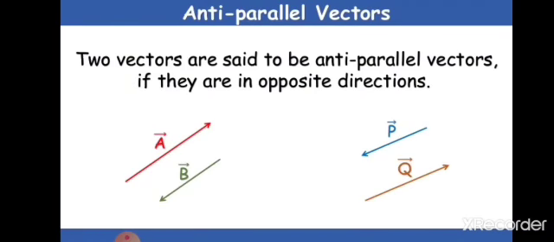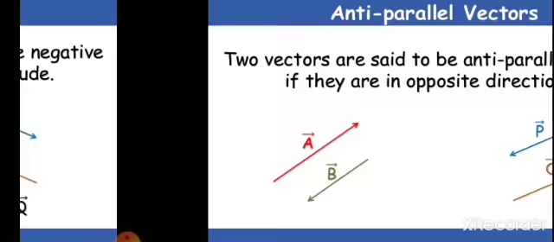Another example, vector P and vector Q are also parallel to each other but in opposite directions. So we have equal vectors, parallel vectors and anti-parallel vectors. Parallel vectors and anti-parallel vectors are exactly opposite to each other. For parallel vectors, the two vectors move in the same direction. For anti-parallel vectors, the two vectors move in opposite directions. Whereas equal vectors have the same magnitude and same direction.